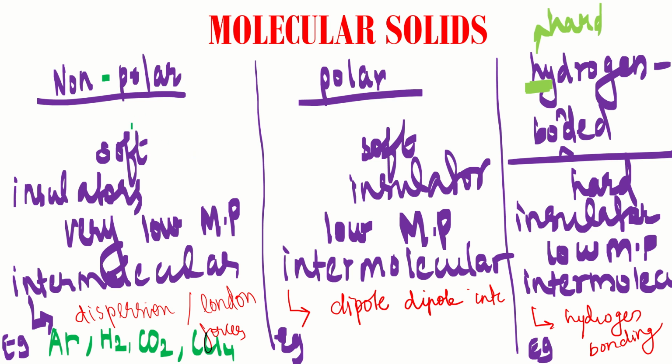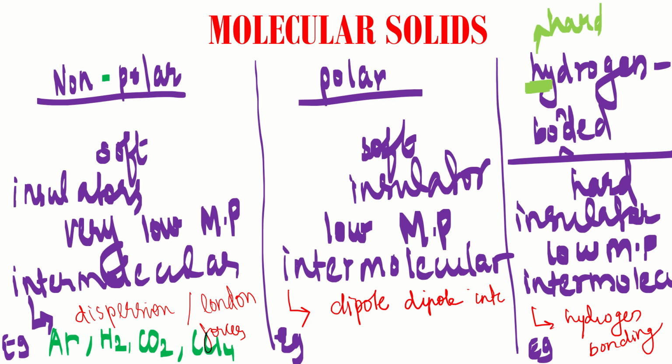So non-polar solids are soft insulators with a very low melting point, and the intermolecular force of attraction is dispersion or London forces. Examples are argon, hydrogen, carbon dioxide and CCl4.